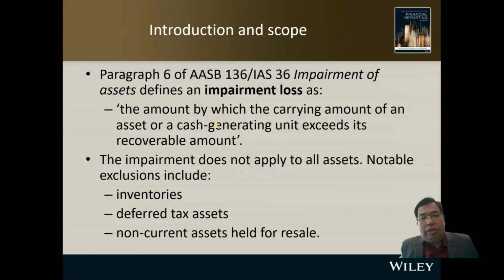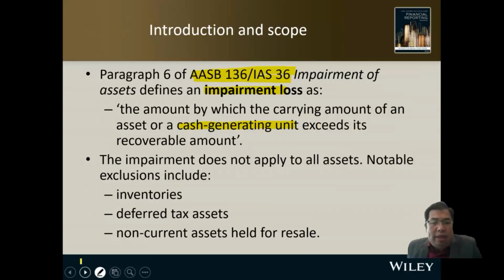Under paragraph 6 of AASB 136, IAS 36, this is the rule governing impairment of assets. It defines impairment loss as the amount by which the carrying amount of an asset or CGU, the CGU is a cash generating unit, a combination of assets, exceeds its recoverable amount.